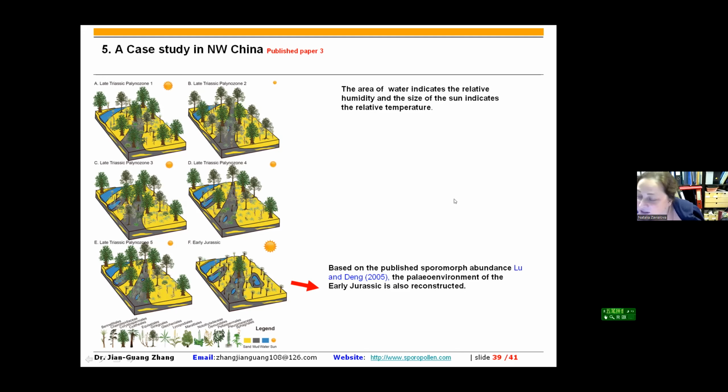Interesting. And also there is a new comment in the chat. It is also interesting if there is a similar reduction of diversity in the end Triassic of Siberia. But I don't know if this question is for you or not. Could you comment or you don't know? I don't know Siberia.